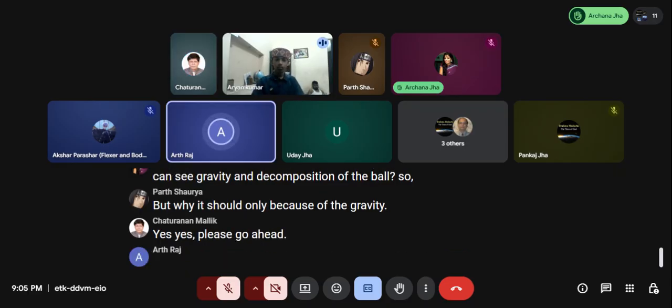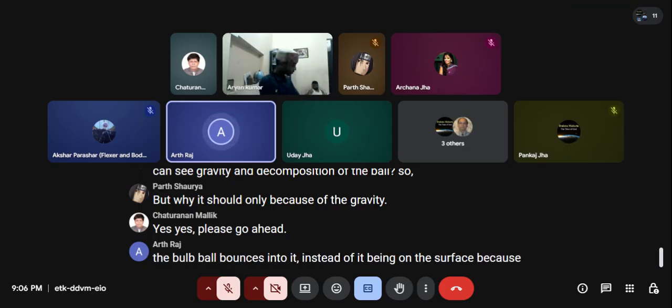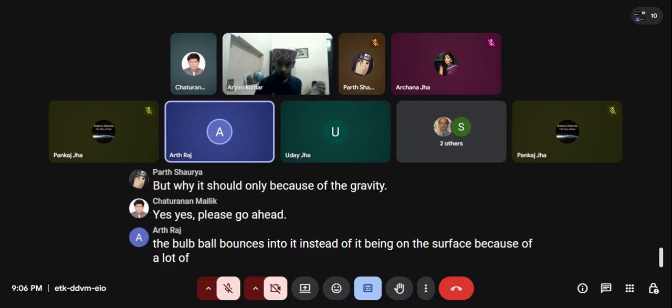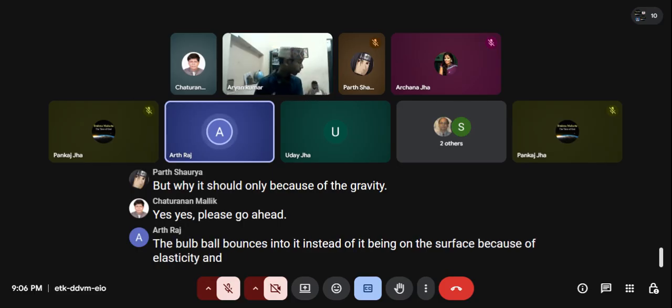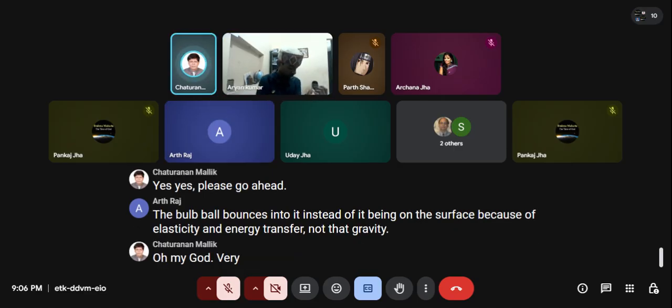The ball bounces instead of staying on the surface because of elasticity and energy transfer, not just gravity. Oh my God, very difficult answer, I'm not able to make it out.